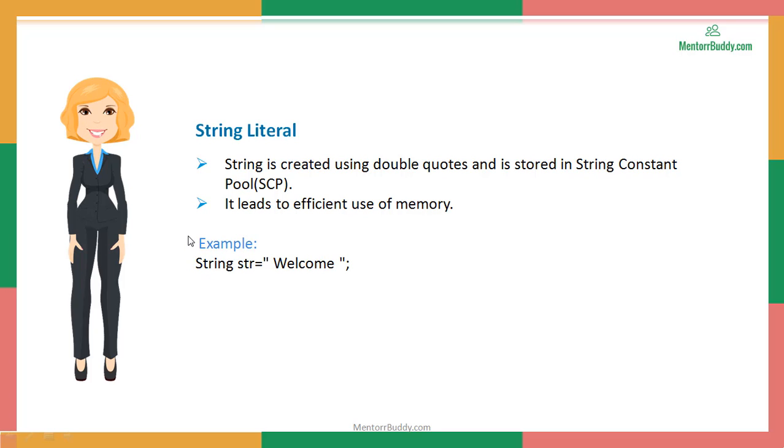An example of such object creation is when we write String str equals "welcome" in double quotes. Here we are not making use of the new keyword, so this is called creation of a string using the literal mechanism.